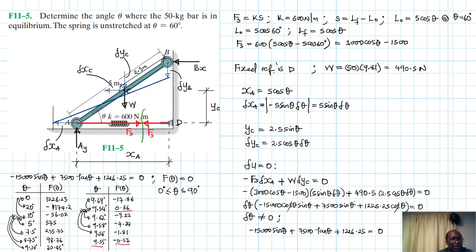Therefore theta, one of the solutions for theta, is approximately equal to 9.55 degrees. I think this is about it. You can check it out and plug it in here and see how it works. This is the final approximate that we have found, using the trial and error method.